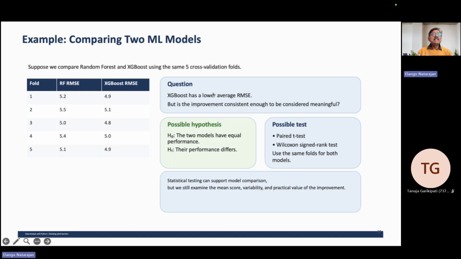I just put here an example comparing two machine learning models. This is a random forest model. This is the XGBoost model. RMSE is the performance measure we use. We have many performance measures, like R squared and RMSE. So what we do is we list them based on the folds we have. I will explain folds later in cross validation.